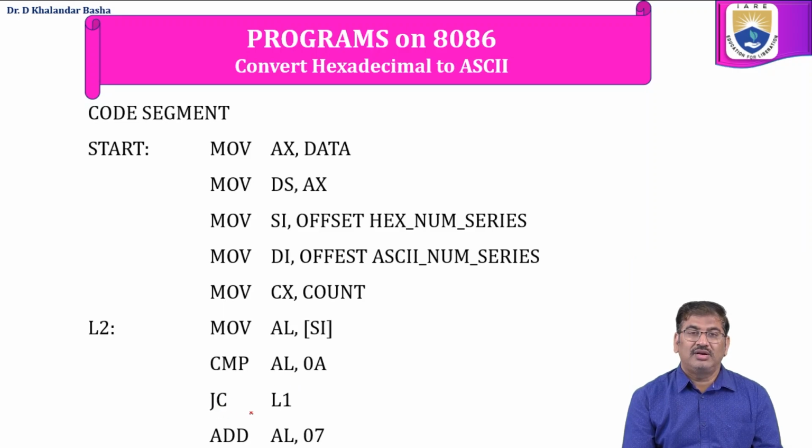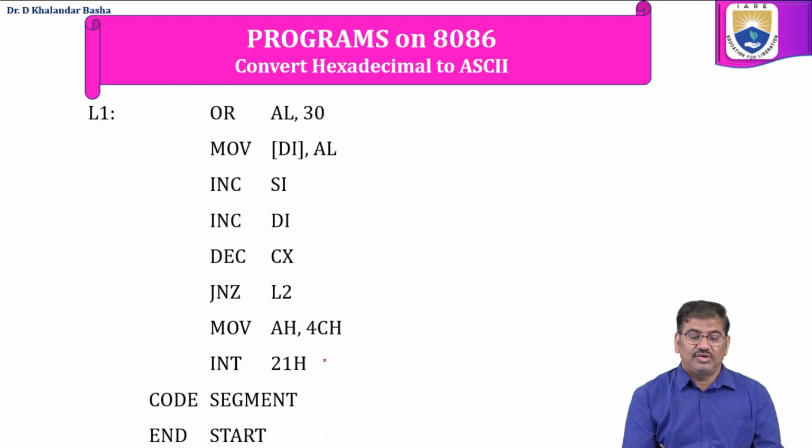So when it is 1, we skip the addition. Otherwise, we add 06 to the AL register contents. Then for converting into the ASCII number, OR the AL contents with 30H. So now AL consists of the ASCII number that we load into the memory location. For advancing to the next memory location, increment SI, increment DI. As one conversion is done, we decrement the count in CX.